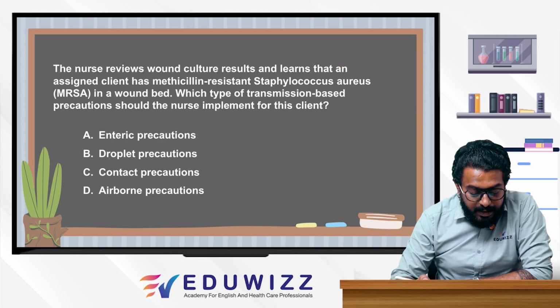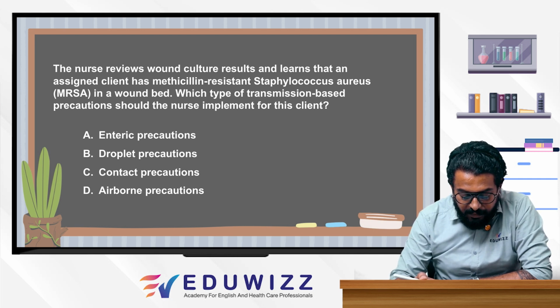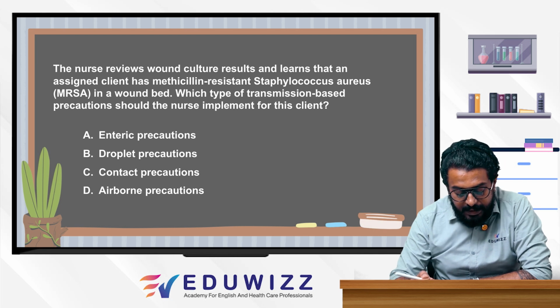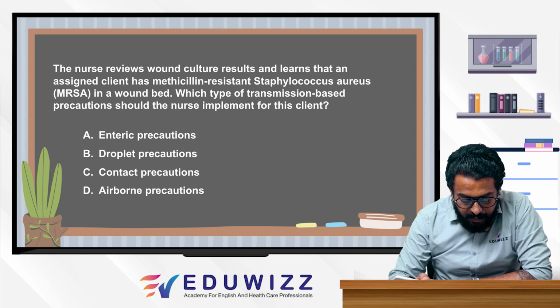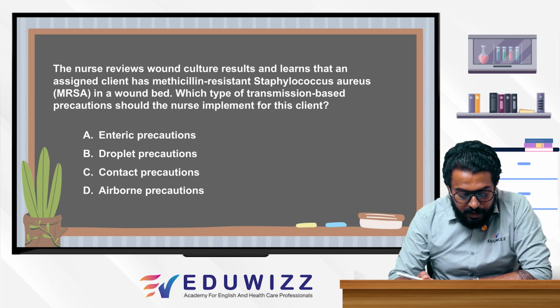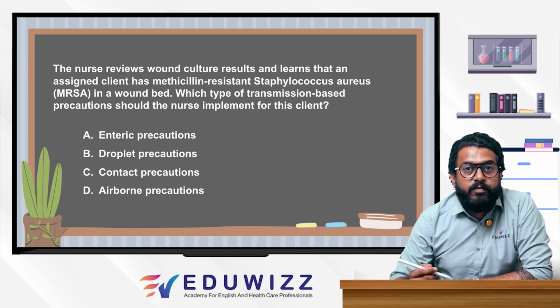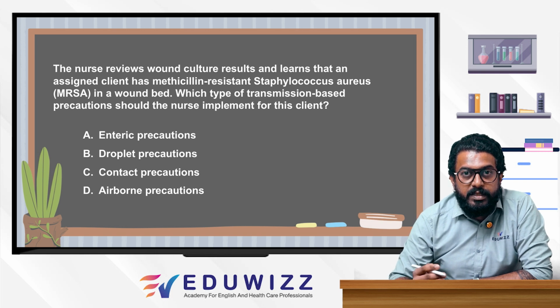Next question: the nurse reviews wound culture results and learns that an assigned client has methicillin-resistant Staphylococcus aureus (MRSA) in a wound bed. Which type of transmission-based precautions should the nurse implement for this client? So, a nurse is reviewing a wound culture and found that the patient's wound has MRSA, which is methicillin-resistant Staphylococcus aureus.